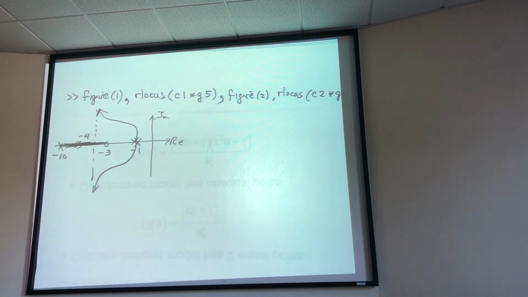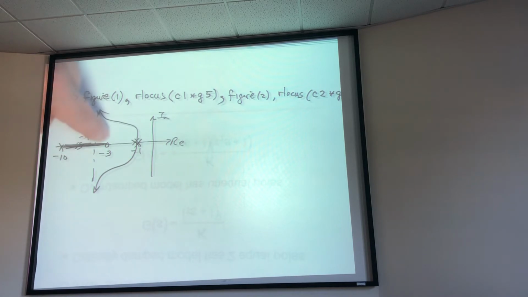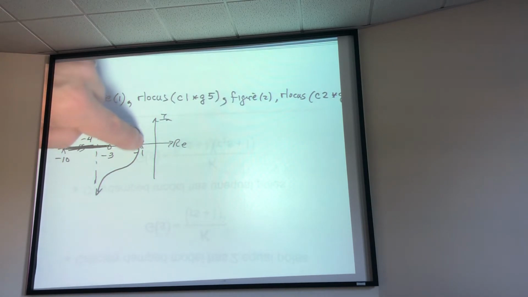This one is going here. The number of branches, the number of loci is equal to the number of poles. I have 2 plant poles, 1 compensator pole, so the overall system is third order. And so I have three loci. One's going this way as k increases, goes from x to O. The other two go like this. And again, the arrows are drawn by my hand. They're not drawn by computer.